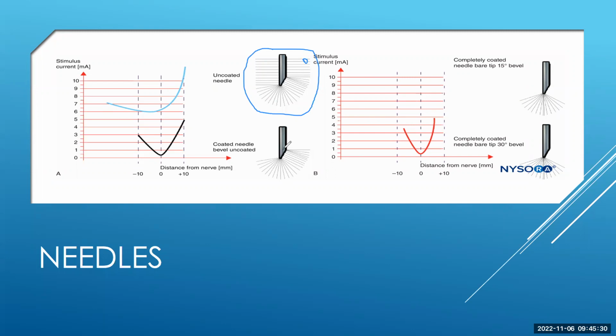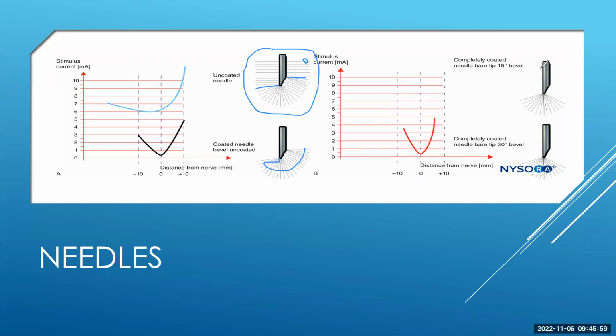Versus if the bevel is exposed, you're fanning the stimulation over a narrower area, cutting out the rest, and you're able to stimulate in this fashion and see if we're encountering the nerve, which basically helps us have more accurate placement of the needle.